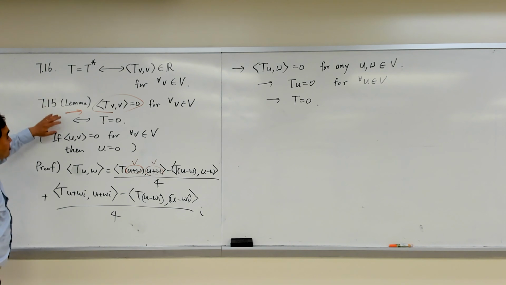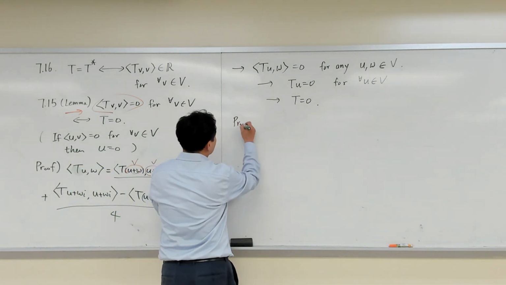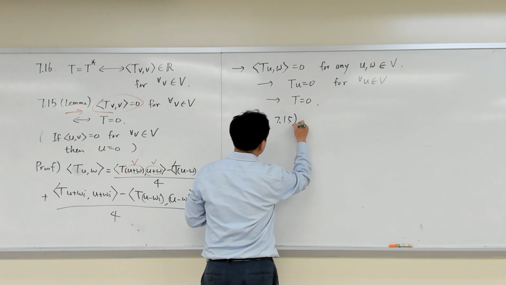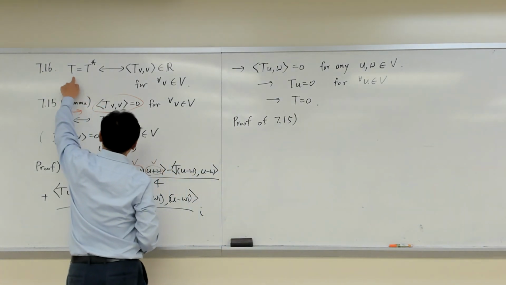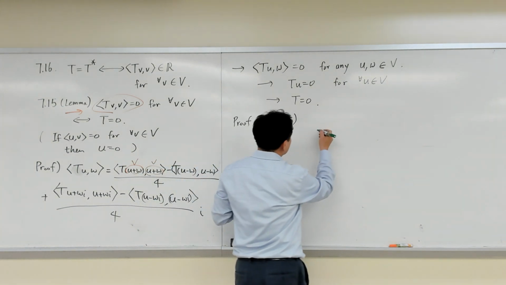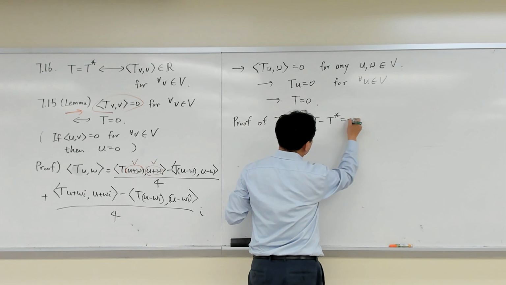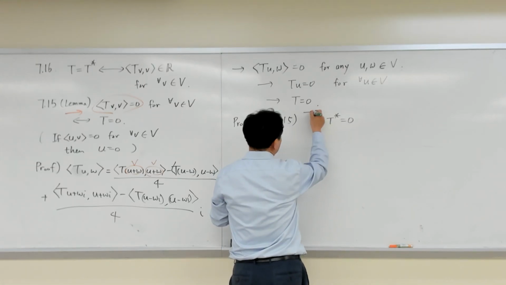Okay? All right, so back to what we are trying to prove. How does this allow us to show this? Okay, so now proof of 7.15. So what you do is you move this to the other side. So we say T minus T star equals 0. And let's go this way first.